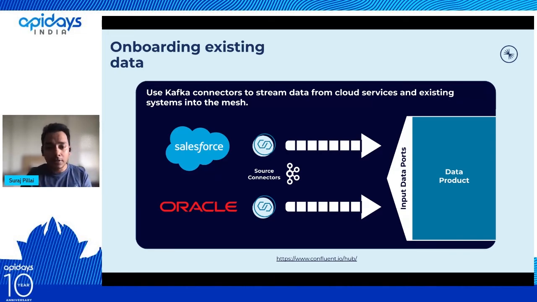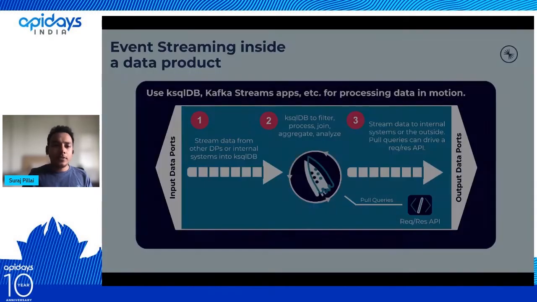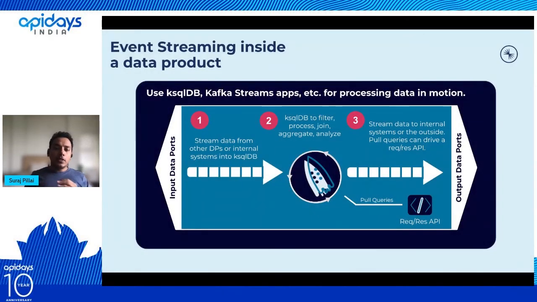So once that data comes in via source connectors into your data platform, what you want to do next is make sure that you are transforming those events or applying whatever logic you have on top of those events. And for that, you could use either KSQL, the one which I mentioned earlier, right? SQL over Kafka.